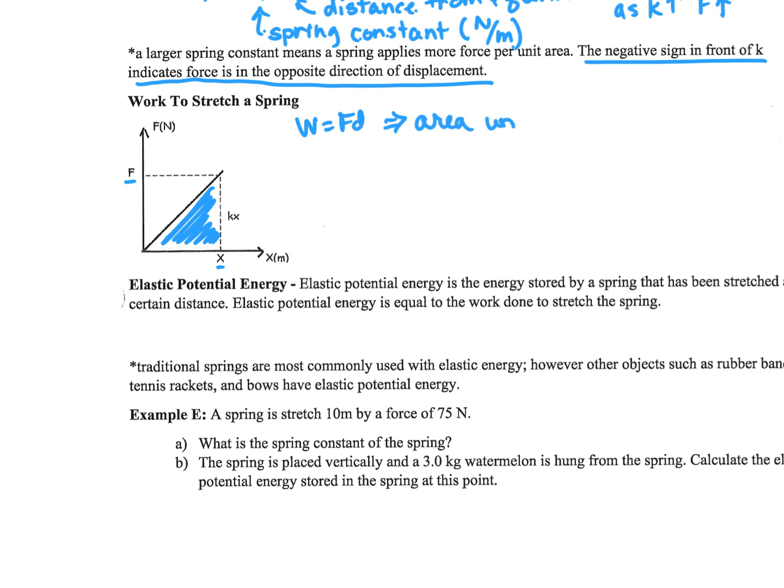With F, that's a triangle, so one half the base, which is x, times the force, which is the height, right? One half base times height. Well, we know what that F is, though. One half x times kx, right? So this is going to be one half kx squared. And that is the work done to stretch a spring.